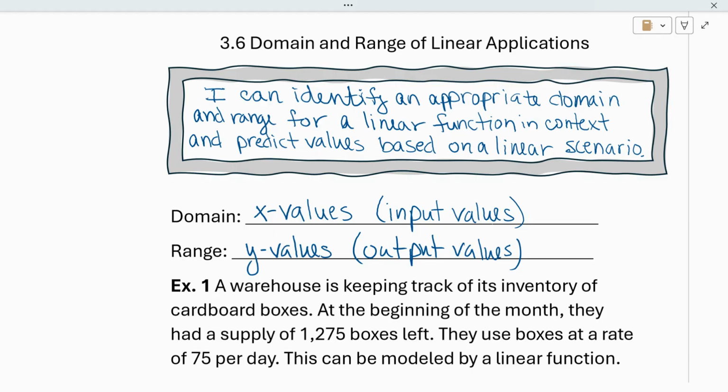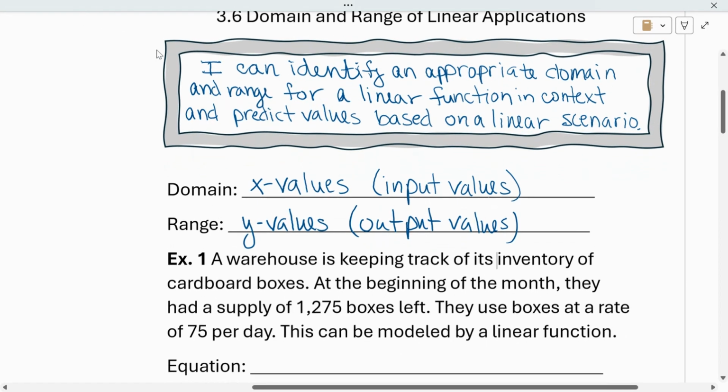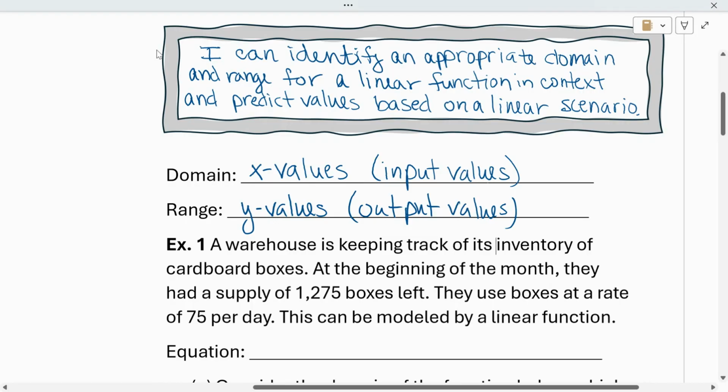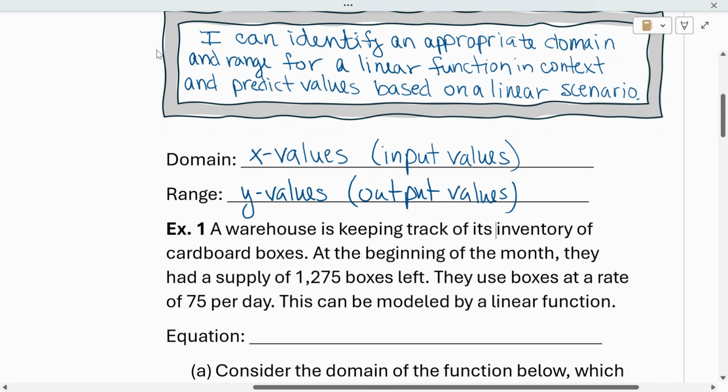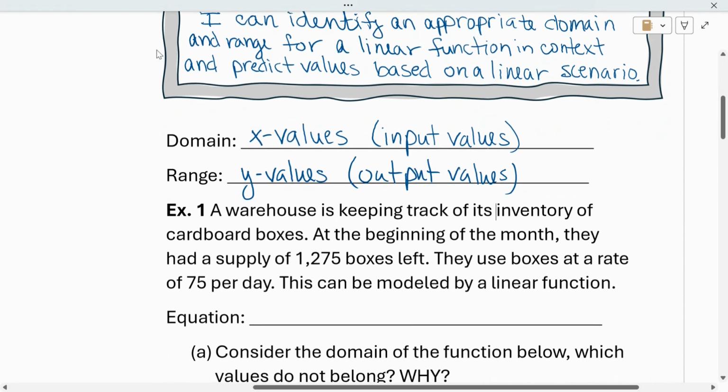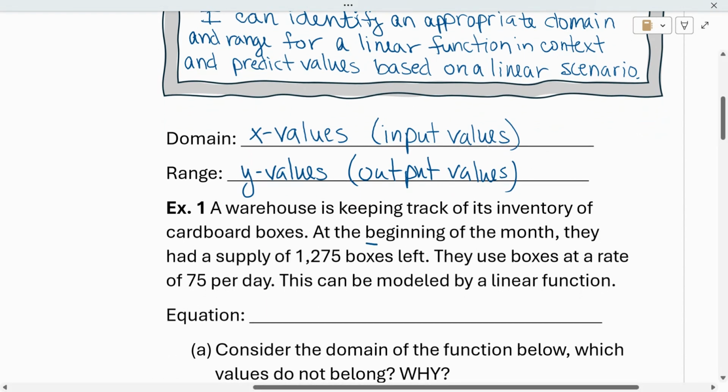Okay. It's your output values. All right. So a warehouse is keeping track of its inventory of cardboard boxes. At the beginning of the month, they had a supply of 1,275. The beginning value is 1,275.